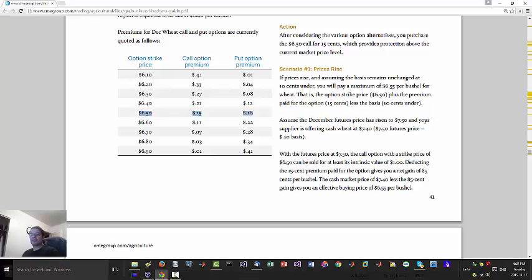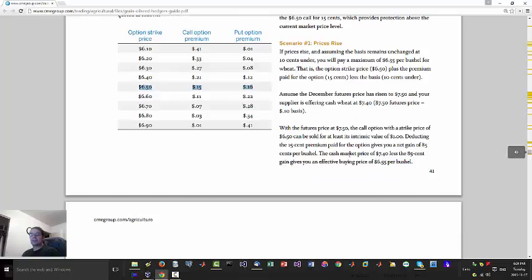Remember, our futures price is at 750, offering cash price at 740, which is really 10-cent basis. From there, if the futures price is at 750, call option, strike price is at 650, we know our intrinsic value is going to be $1.